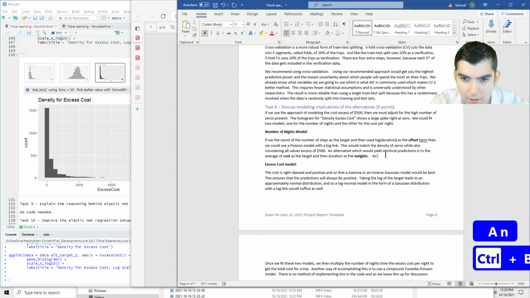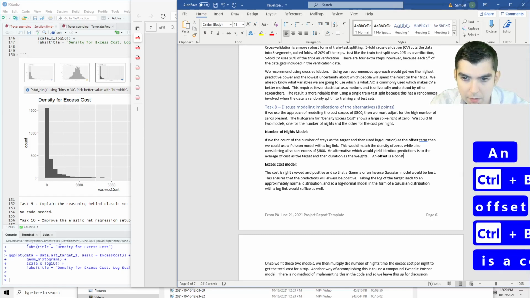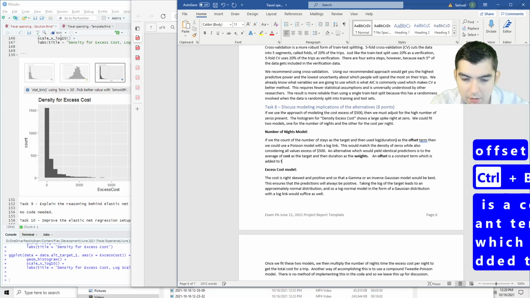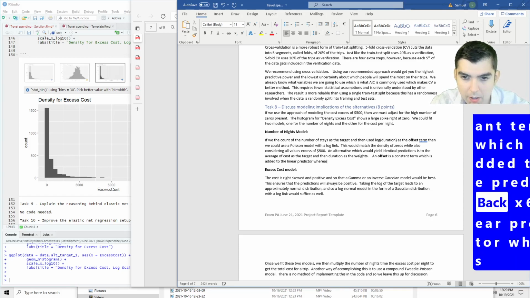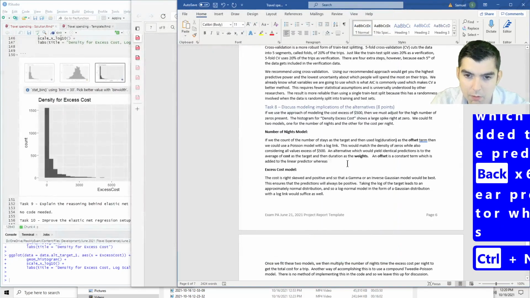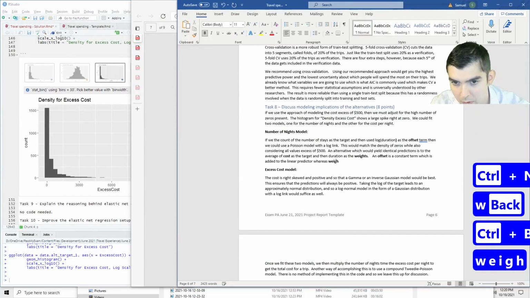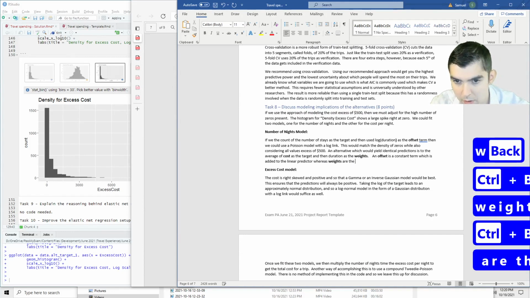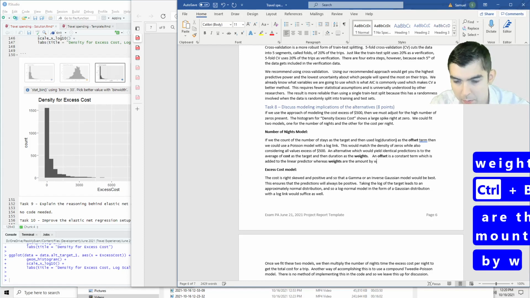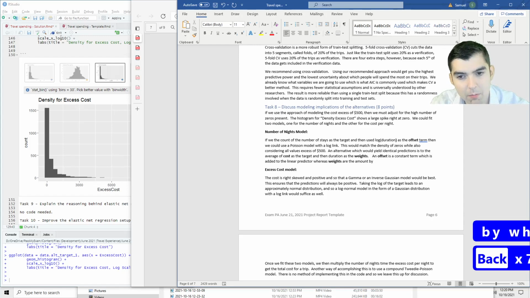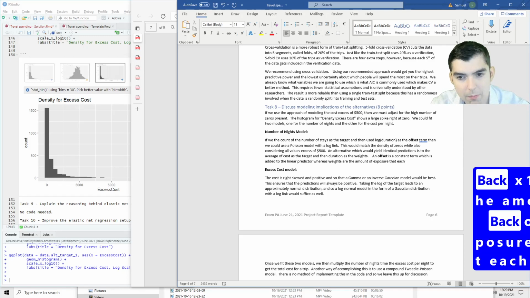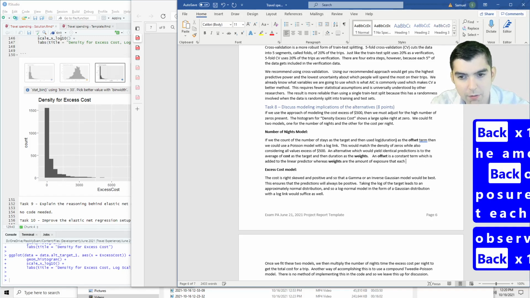An offset is a constant term added to the linear predictor, whereas weights are the amount of exposure that each observation, each row of the data, receives.